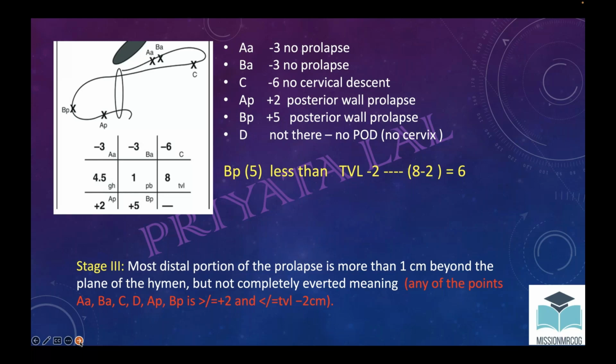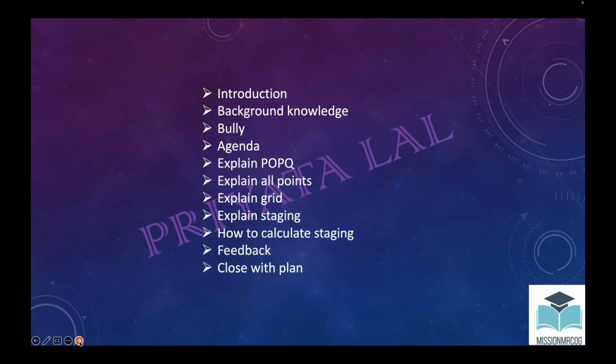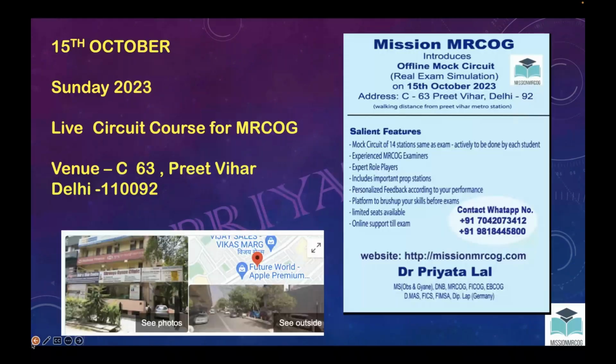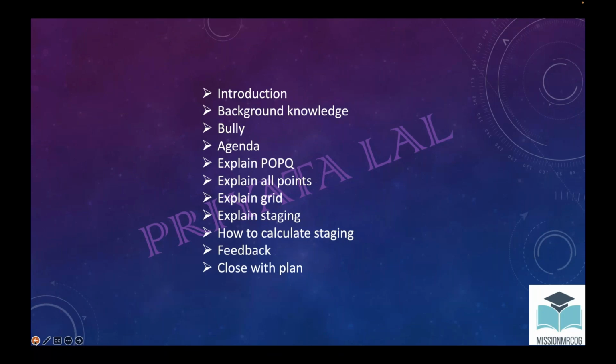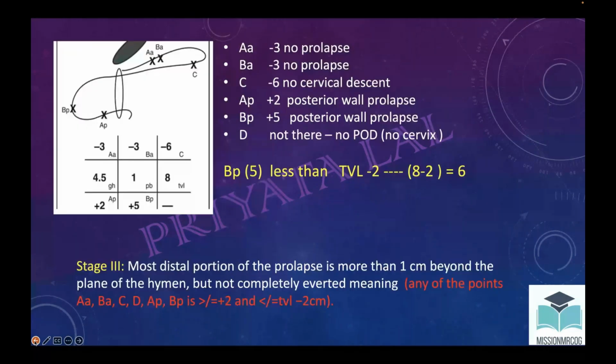Ma'am, I have a question. In this example, you asked the role player whether this is vault prolapse. Over here, this patient has no uterus, so it means hysterectomy was already done, and this is the vault. No, it's not vault prolapse.